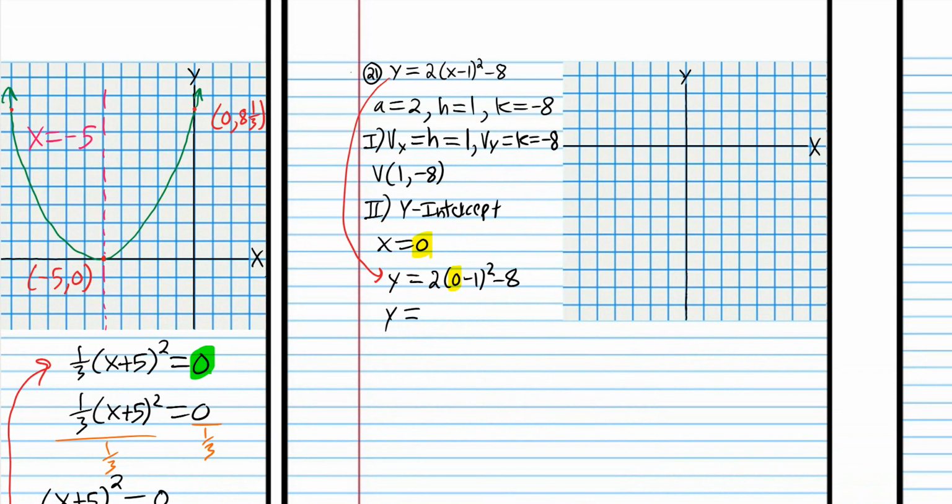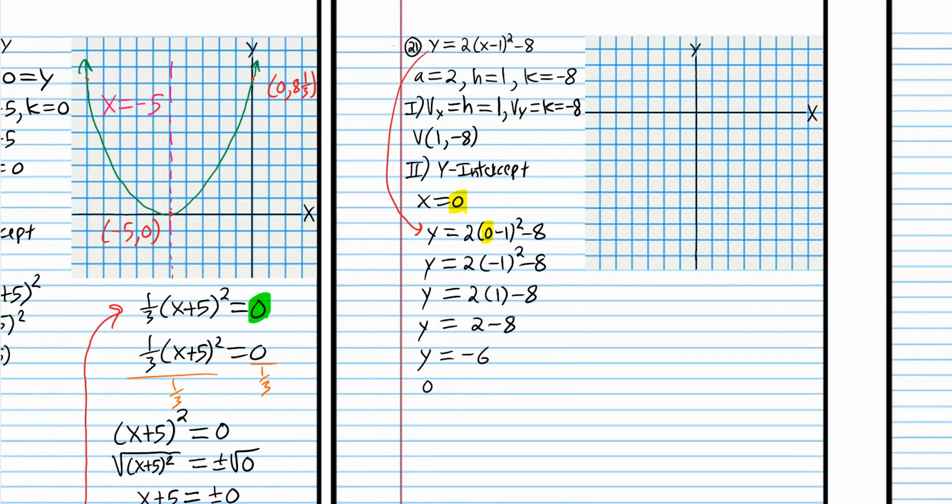And so following PEMDAS, we want to do parentheses first. So we get 0 minus 1 is -1. Then we do exponents. -1 to the second power is +1. And 2 times 1 is 2. And 2 minus 8 is -6. So what does that mean? It means that the y-intercept is (0, -6).